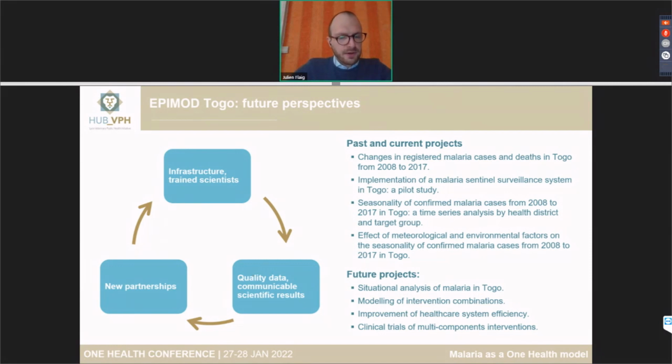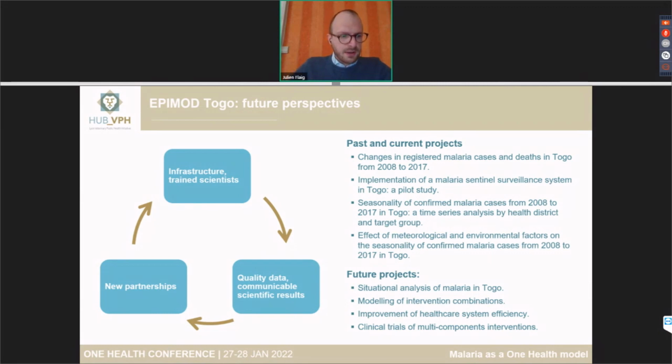And we hope that they will produce quality scientific results, good scientific results based on quality data, and that this will attract in turn new partners and new funders, for instance, pharmaceutical companies who might be interested in carrying out clinical trials in Togo. We have already started this work with the 2 PhDs I mentioned.